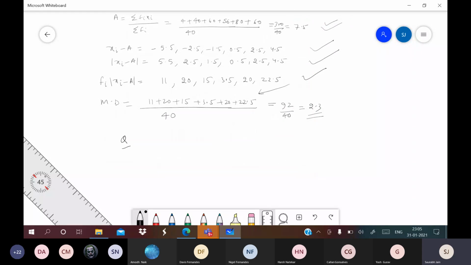Now similarly you will solve this question. Try solving it. Find mean deviation about median.